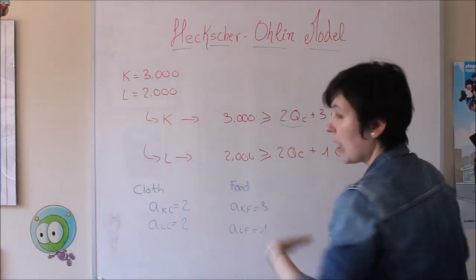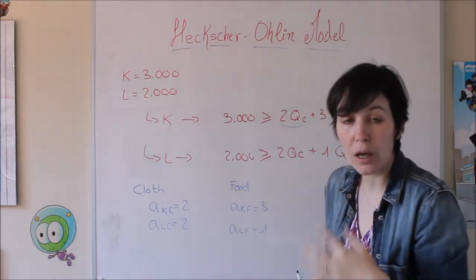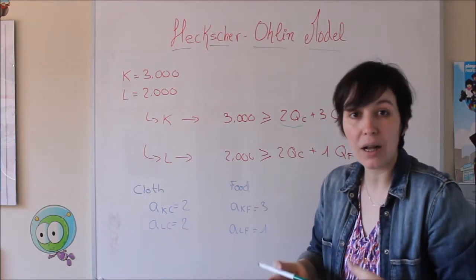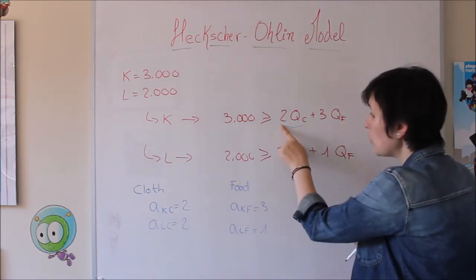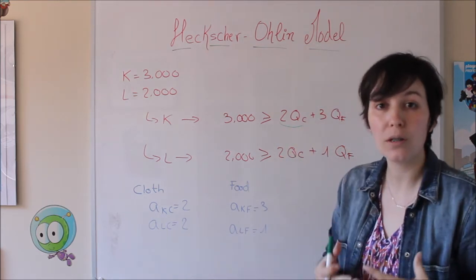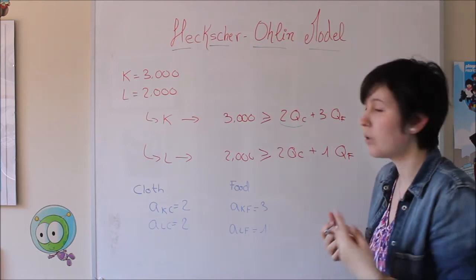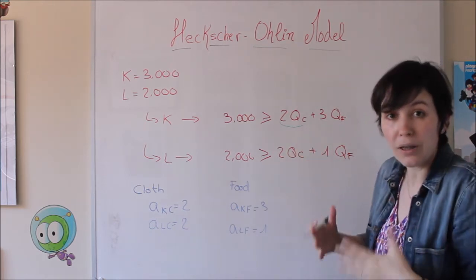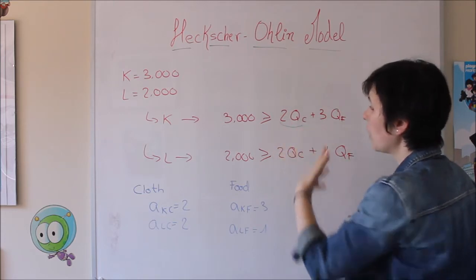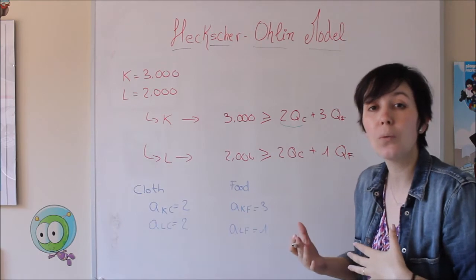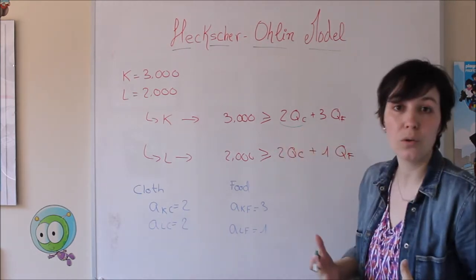Because 2 is the number of capital that we use per unit of cloth, the total amount of capital that we are going to use in the cloth industry is equal to 2 times the number of units that we are going to produce. So if we just want to produce 1 unit of cloth, the total amount of capital in that industry is going to be 2 times 1, which is 2 units of capital. If we want to produce 2 units of cloth, it's going to be 2 times 2, 4 units of capital.